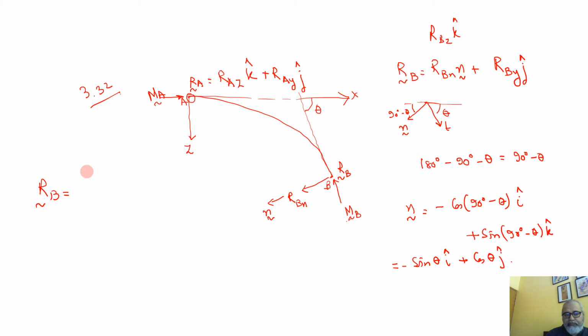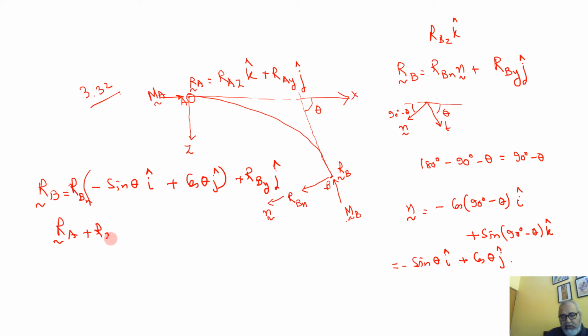And therefore RB will be minus sine theta i cap plus cos theta k cap into RBN, the magnitude in the normal direction, plus RBY j cap. This would be the reaction force at this end B, and then you will do force balance, which is RA plus RB equal to 0.